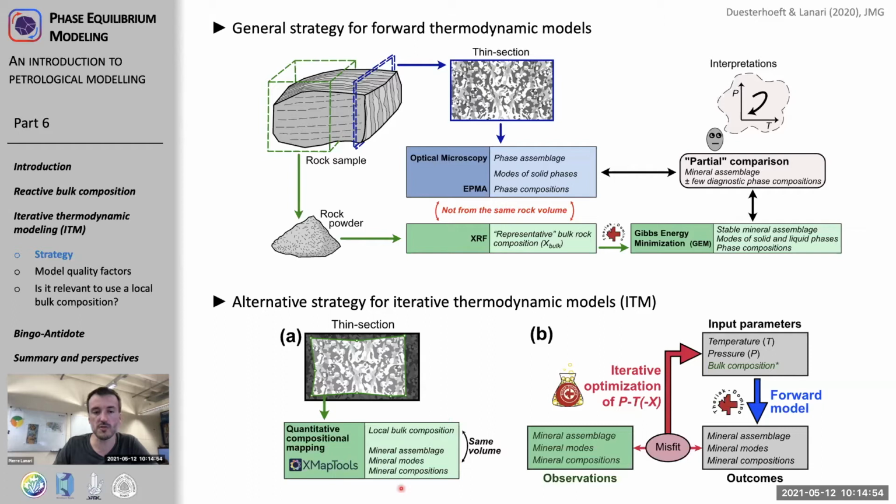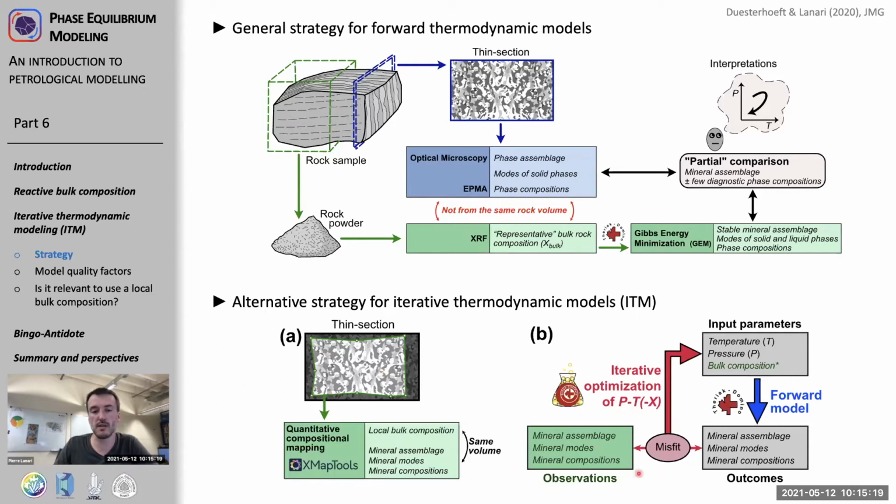And if you have all this information, then you can run an iterative thermodynamic model. You just need to put the bulk composition as an input in the forward model, for example using Theriak-Domino or using Perple_X. And then you predict for any pressure and temperature the mineral assemblage, the mineral modes, and the mineral compositions.